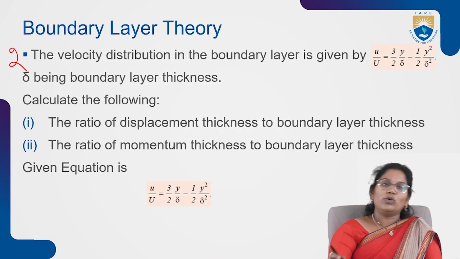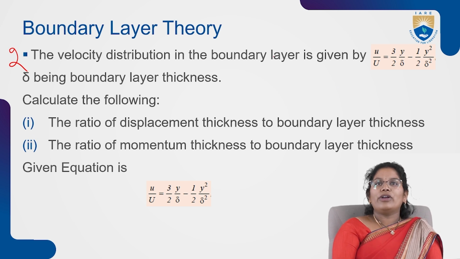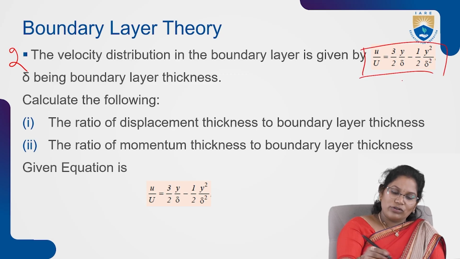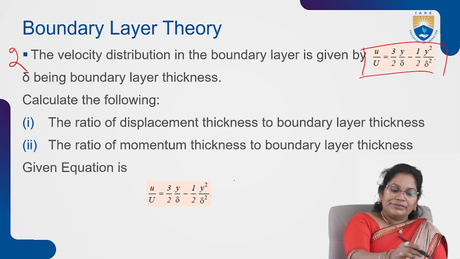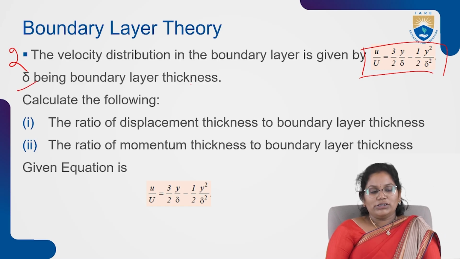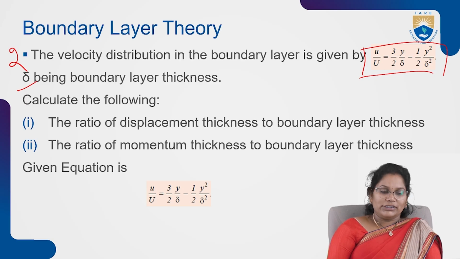Problem number 2. Here the velocity distribution in the boundary layer is given by this equation, and we know delta is boundary layer thickness.